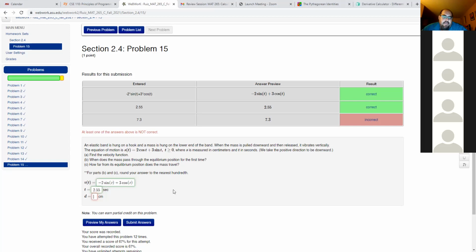Got it. Okay, so I'm assuming we just plug this back into the actual function s of t. Yes. So if you plug that time value into s of t, that'll give you the equilibrium position.